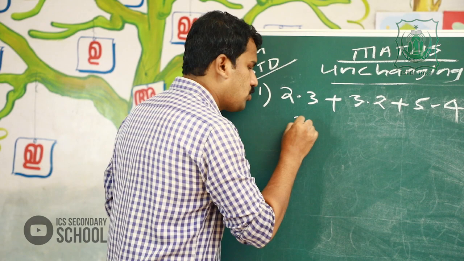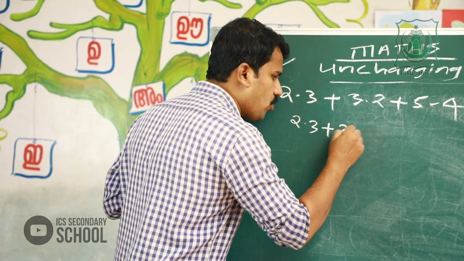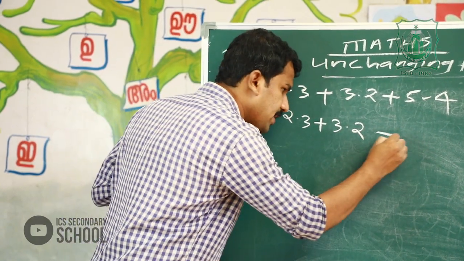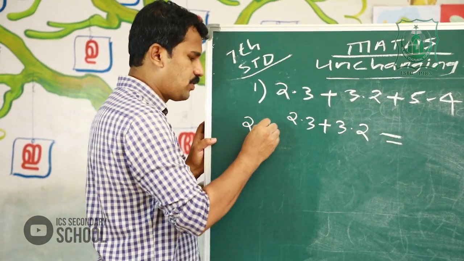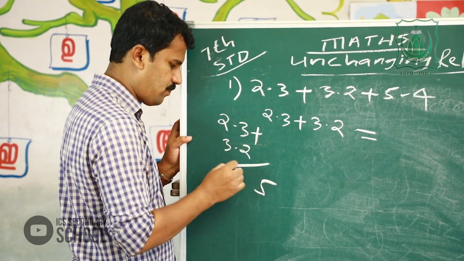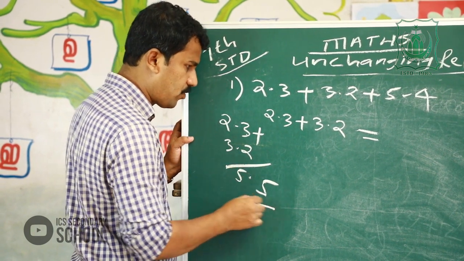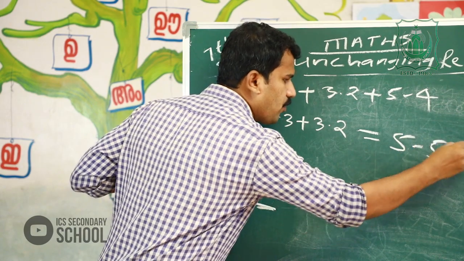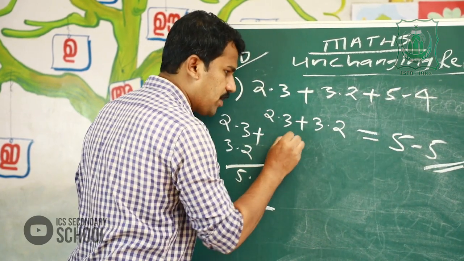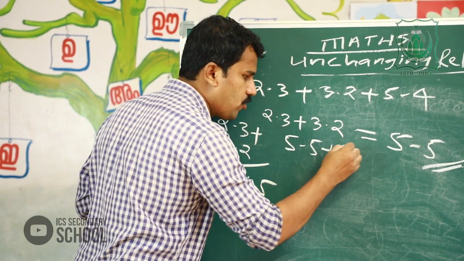First, 2.3 plus 3.2. 3 plus 2 is 5, then 2 plus 3 is 5. That is 5.5. This 5.5 is then added to 5.4.